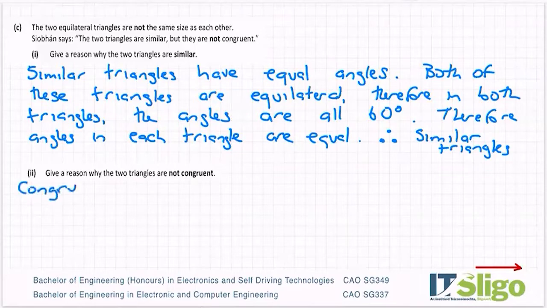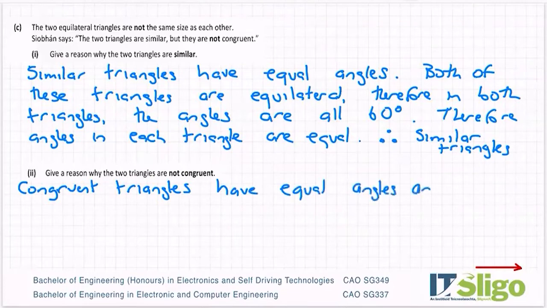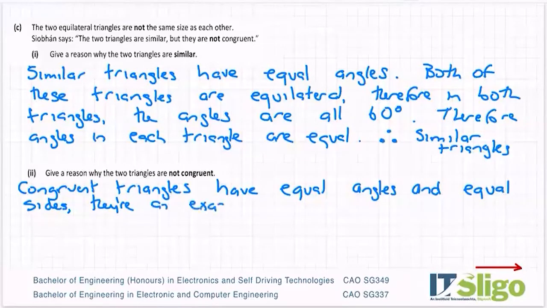Last week, we were discussing the difference between congruent triangles and similar triangles. Now, we've done no questions on congruent triangles yet, but congruent triangles have equal angles and equal sides, okay? They're an exact copy of each other, the two triangles.